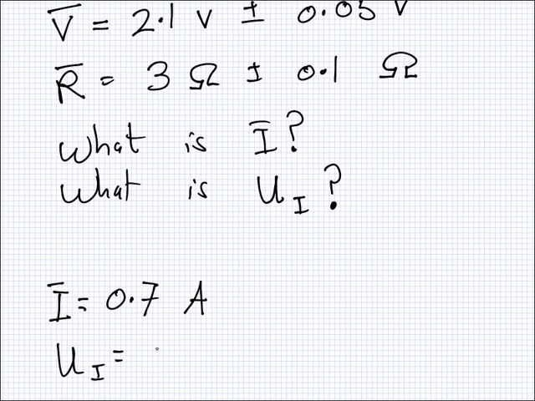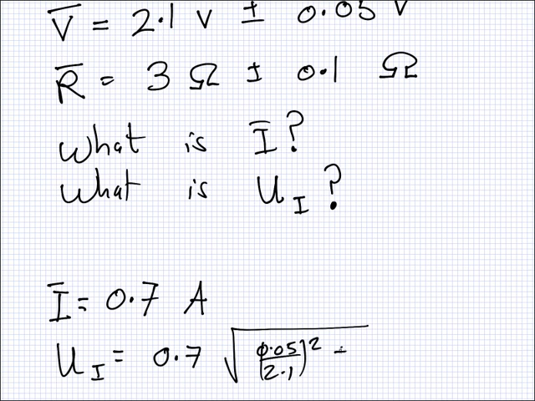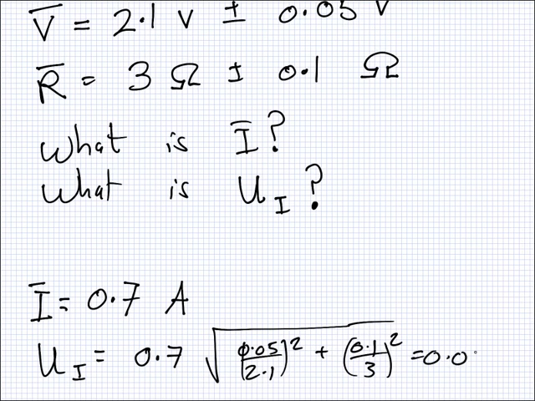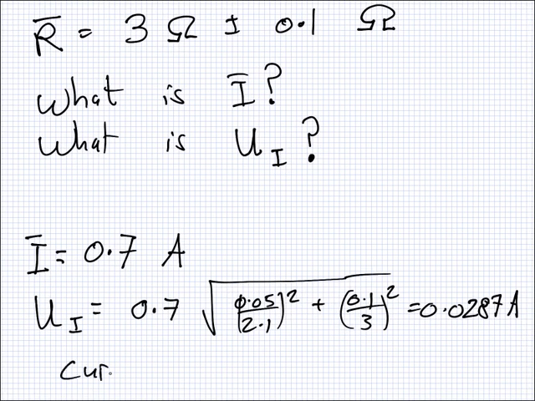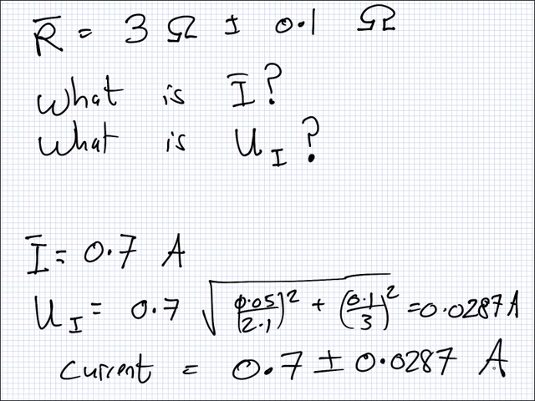So you must have written down 0.7 square root of 0.05 over 2.1 squared plus 0.1 over 3 squared. Is that what you did? Yeah, good. And you got 0.0287 amps. So that means the current is 0.7 plus or minus 0.0287 amps.